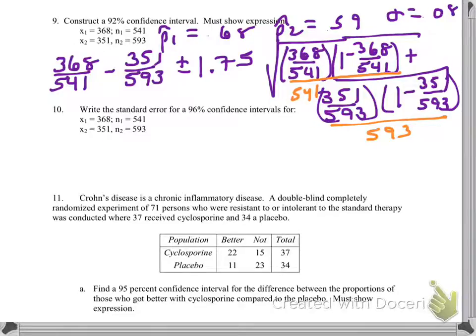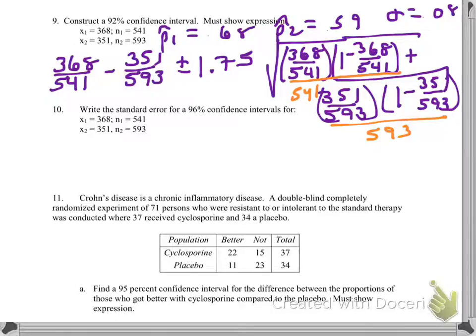All right, so now I'm going to go to confidence intervals. I'm going to find it on my calculator. And so I have 368, and then I have 541, and then I have 351 divided by 593, and this is a 92% confidence interval.